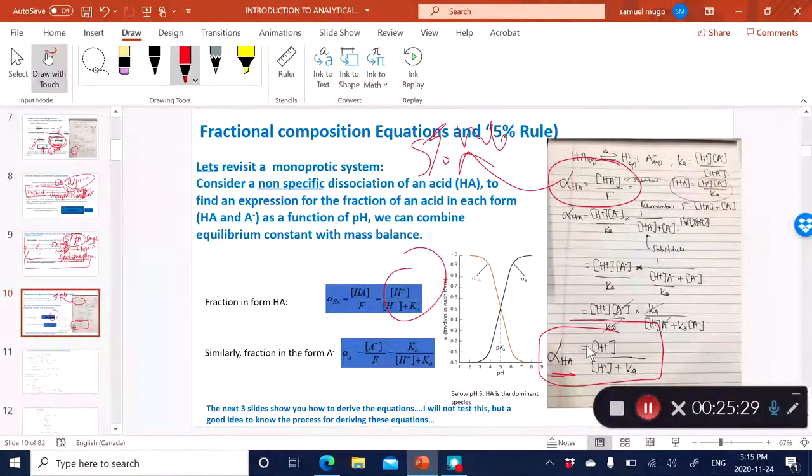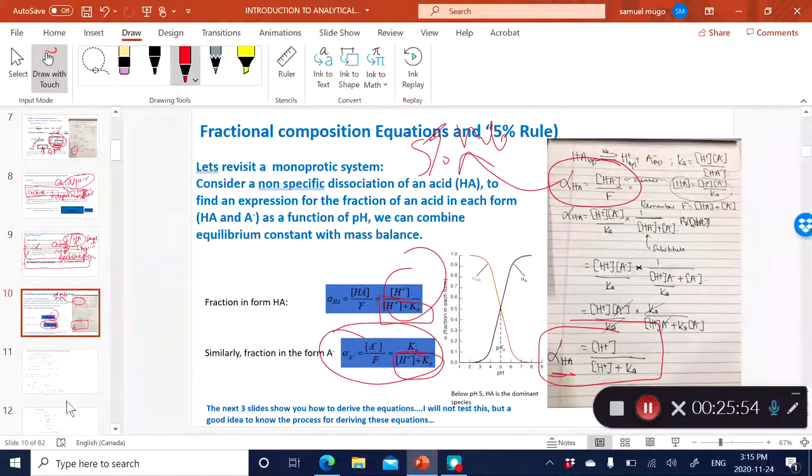If I had a conjugate base, just follow the same process and you're going to see the fractional composition for a conjugate base is equal to this relationship. In fact, take note of this. The denominators are exactly the same. Okay? So the only thing that is really changing, you can see, is the numerator.